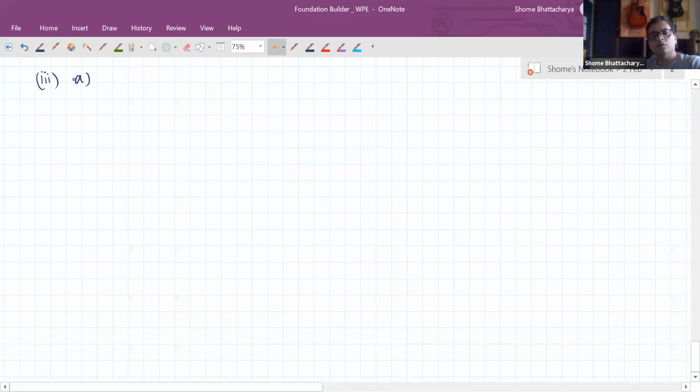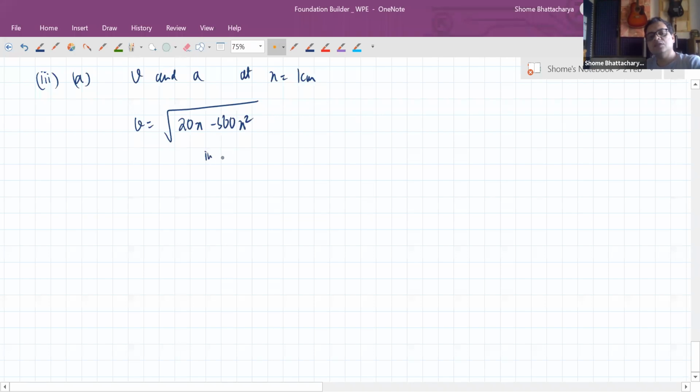So we want to find out v and a at x equal to 1 centimeter. So we just saw that v is given by this relation, square root of 20x minus 500x square. But this is in SI units. So we will substitute in this x equal to 1 centimeter or 10 raised power minus 2 meters.